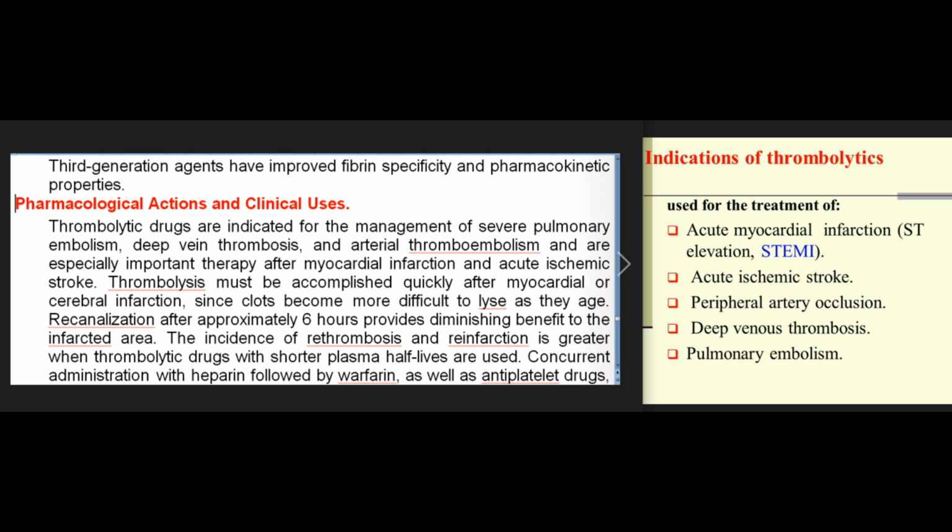Pharmacological actions and clinical uses. Thrombolytic drugs are indicated for the management of severe pulmonary embolism, deep vein thrombosis, and arterial thromboembolism and are especially important therapy after myocardial infarction and acute ischemic stroke. Thrombolysis must be accomplished quickly after myocardial or cerebral infarction, since clots become more difficult to lyse as they age.